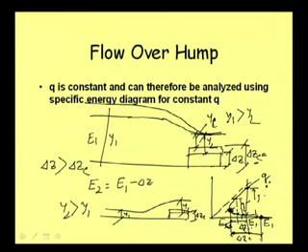In case of supercritical flow, when delta z is increased beyond this, it will lead to formation of subcritical flow in this part and a hydraulic jump will occur. We cannot analyze this flow by using this particular diagram, because with a hydraulic jump the entire flow situation is changing.